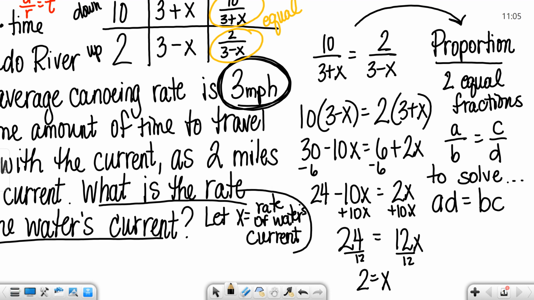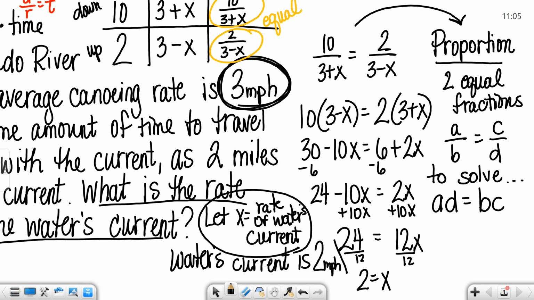We said over here, x is the rate of the water's current, and we just found x is 2. So the water's current, you can't just say is 2. It's 2 what? It's 2 miles per hour. The water's current is 2 miles per hour. We found it.